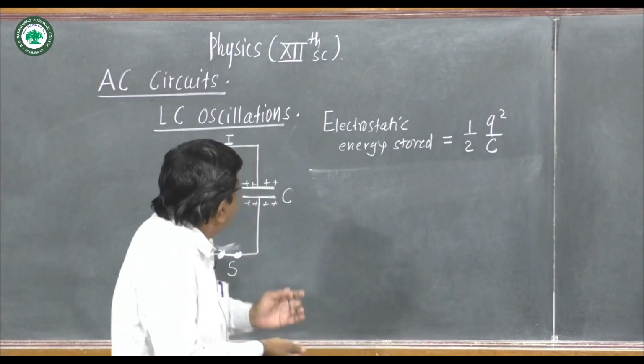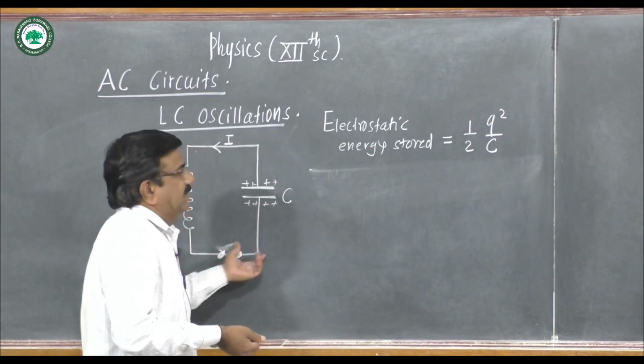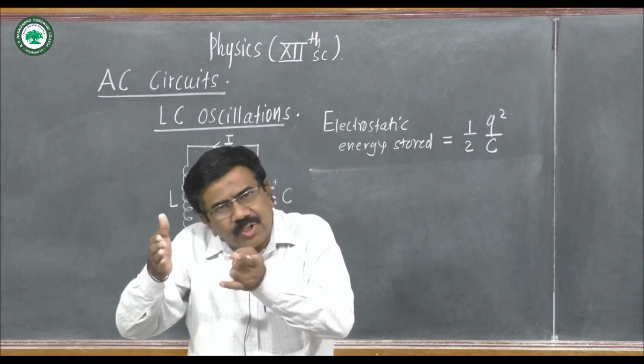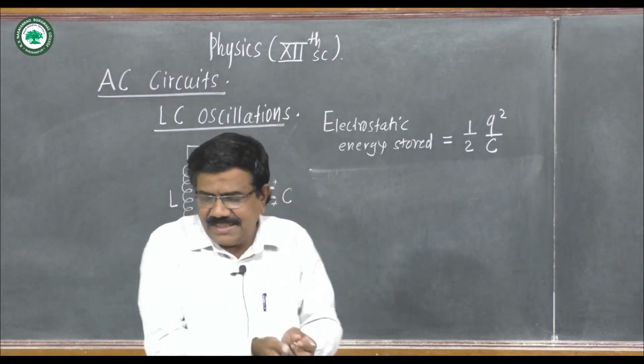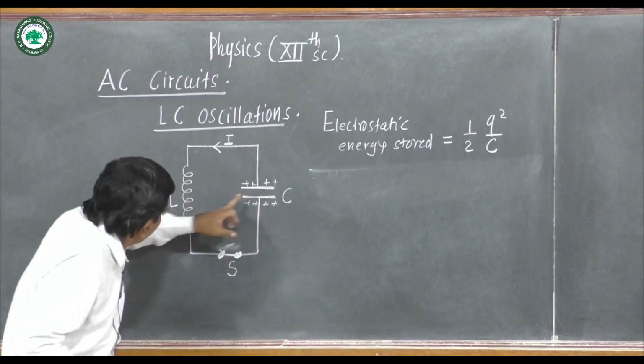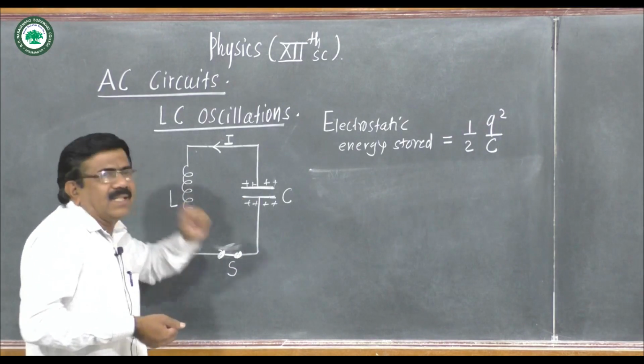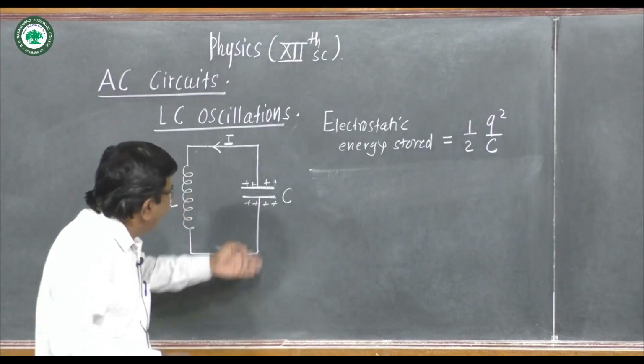The charge on the capacitor goes on decreasing, that is, the energy stored in the capacitor goes on decreasing, and an equivalent amount of energy is stored in the inductor.